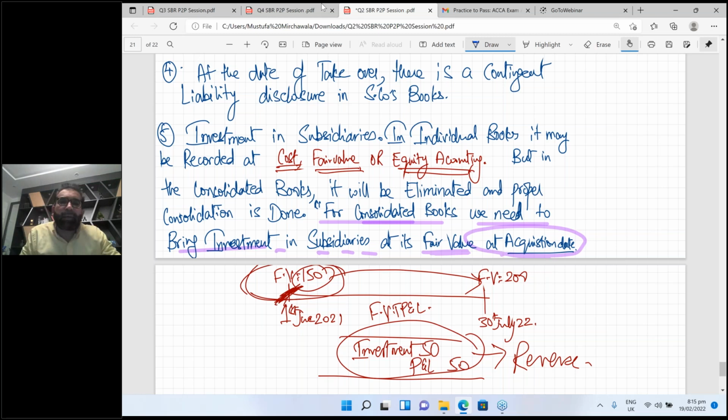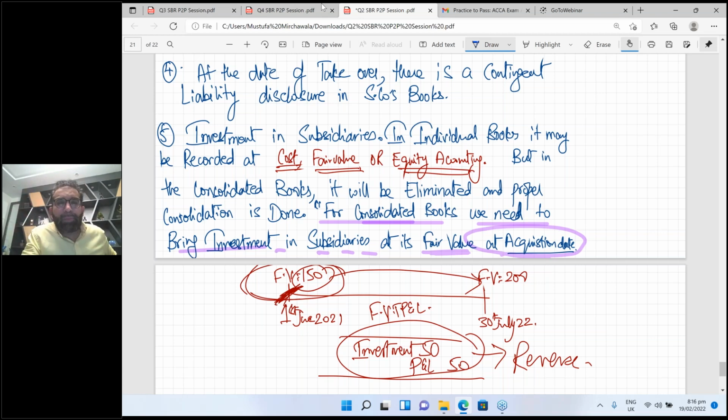Like parent company has bought 80%, 90% or 100% shares, okay? So in the individual books, hope you remember, we simply write investment on the asset side.